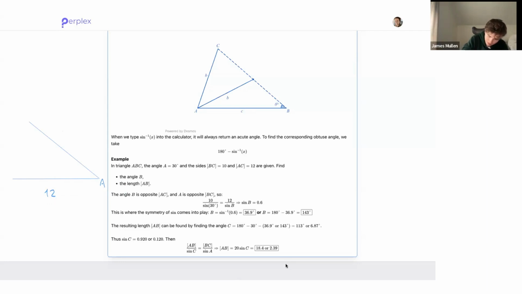Now this is BC. So A, C, and B, and this side length is 10, and this is 30 degrees. This is better. What I want you to realize is that the way I've drawn this triangle, I could also have drawn another line for BC that looks like this that also has length 10. So I need it to have the same length as that. I'm going to do approximately that.